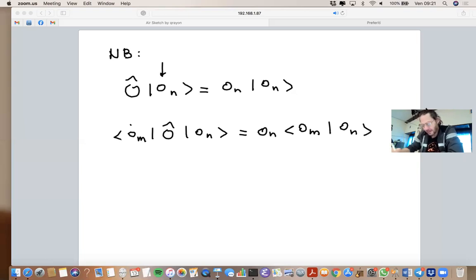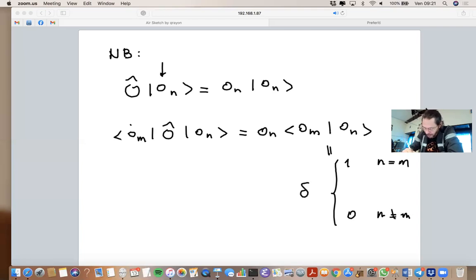And if this is a complete orthonormal basis, and normally we will deal with the case in which it is, I will come in a moment to define the condition under which the eigenstates of an operator form a complete orthonormal basis. But if this is a complete orthonormal basis, remember this object will hold 1 when n is equal to m, or 0 when n is not equal to m.